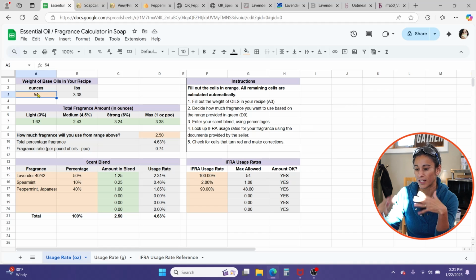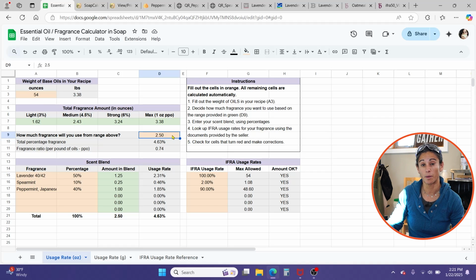Your entire recipe is 54 ounces of oils. You're going to base your fragrance load on that number of ounces of oil or grams. And then after that, you're calculating your usage rates for each essential oil. So hopefully the spreadsheet sort of clarifies that for you.